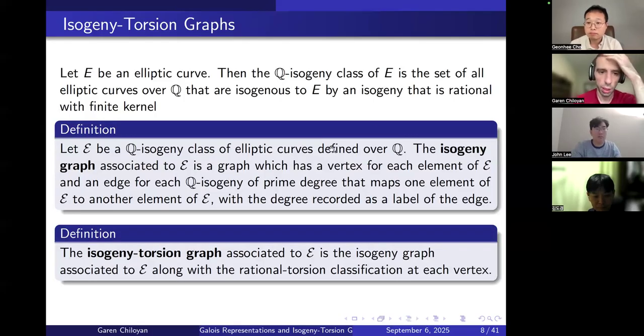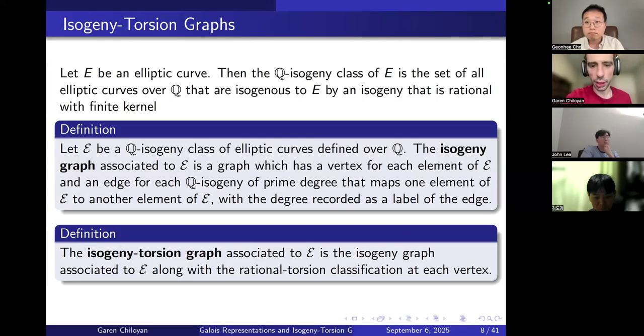So for example, let's say the Q isogeny class of E is the set of all elliptic curves over the rationals that are isogenous to E by an isogeny that is rational with finite kernel. If you have such an isogeny class, you can make an isogeny graph with each vertex being an elliptic curve and each edge being an isogeny that maps elliptic curves to each other.